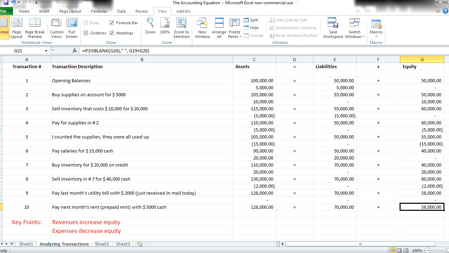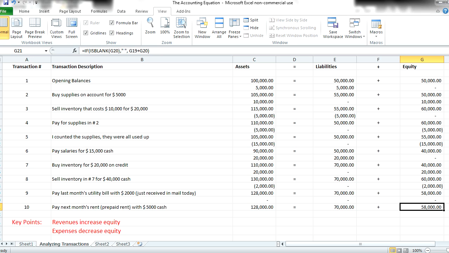So the key points I want you to learn from this exercise are, number 1, anytime you record revenue, that's going to increase equity, and anytime you record expenses, that's going to decrease equity. So remember that net income is equal to revenue minus expenses. So a positive net income is going to increase owner's equity, whereas a net loss is going to decrease owner's equity.